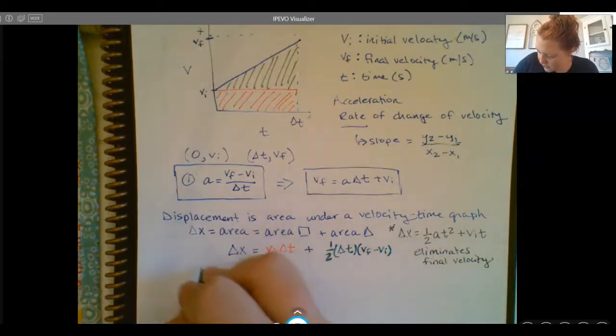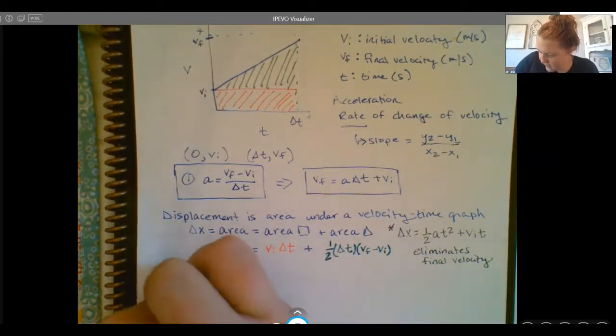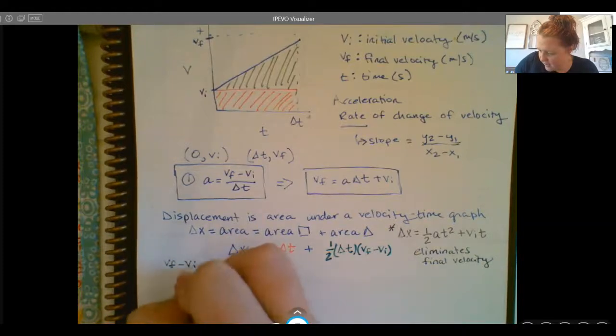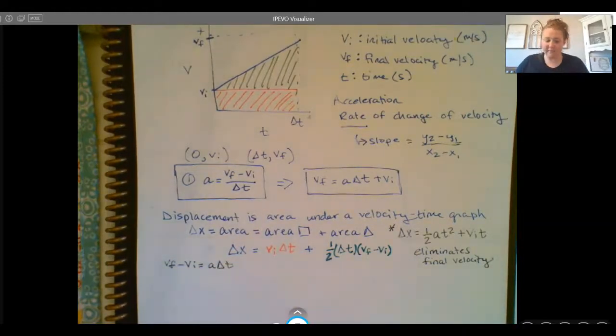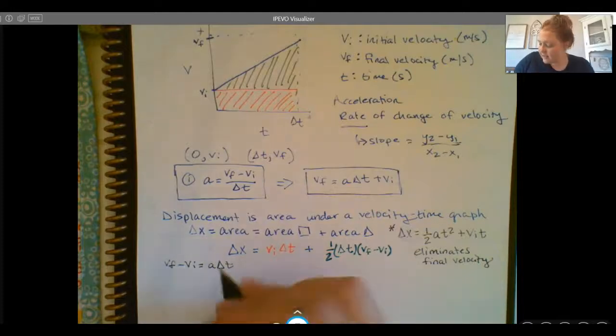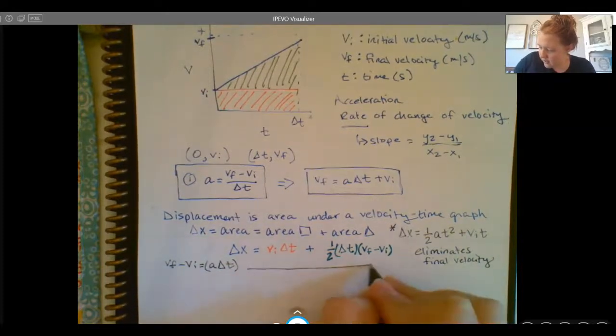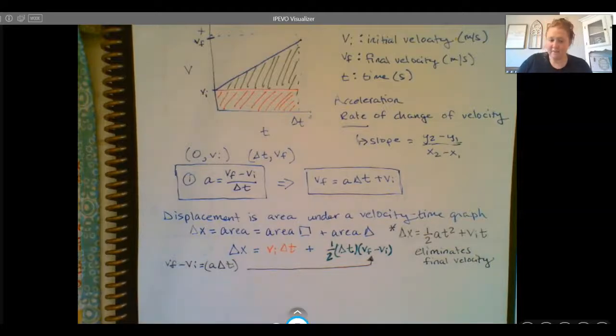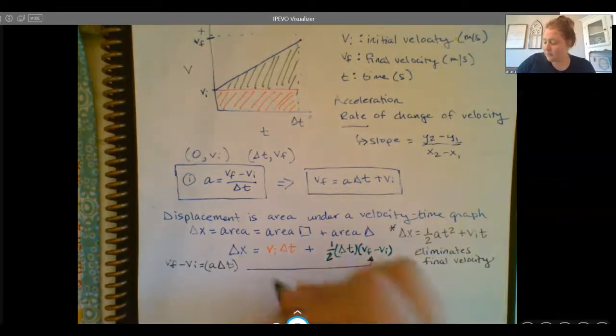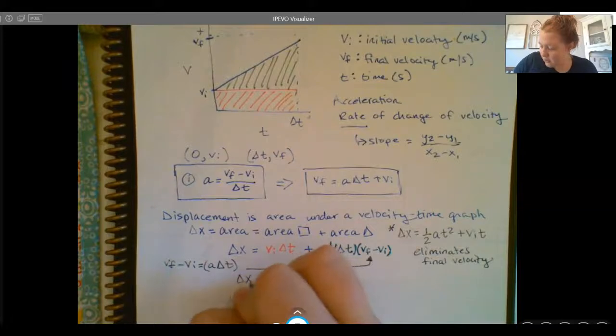I'm just going to rearrange this equation. VF minus VI equals acceleration times delta t. Let's substitute a delta t right here for VF minus VI, and you'll see how the equation sort of morphs into what we're wanting.